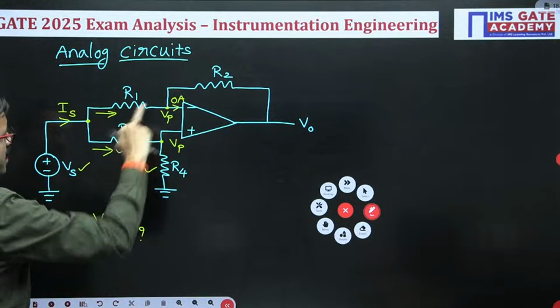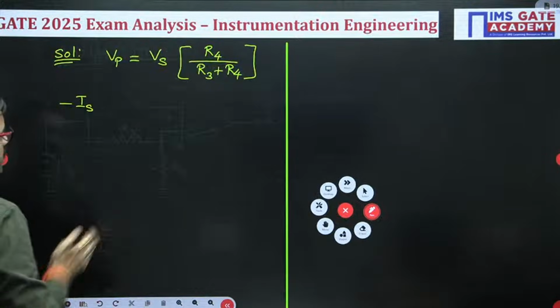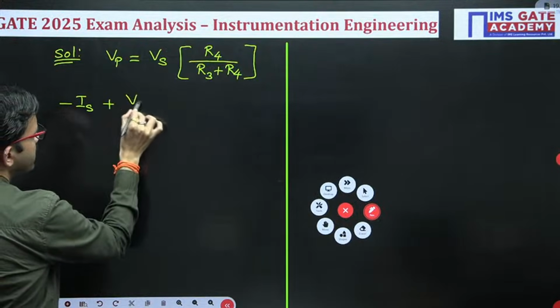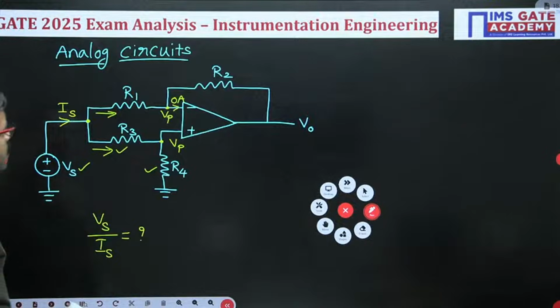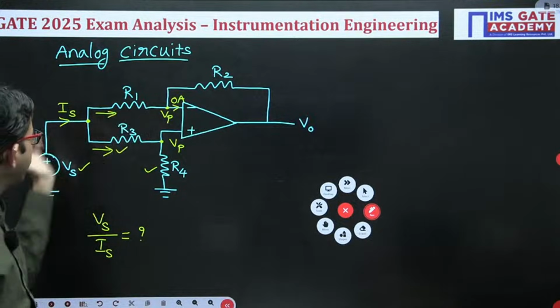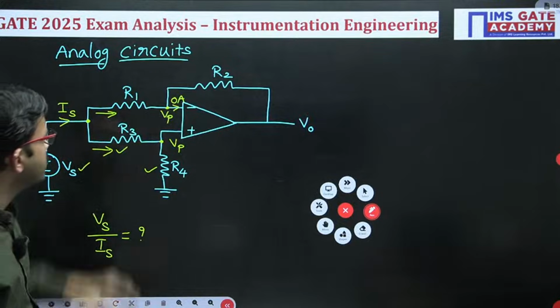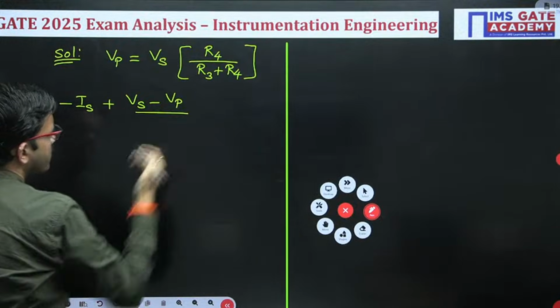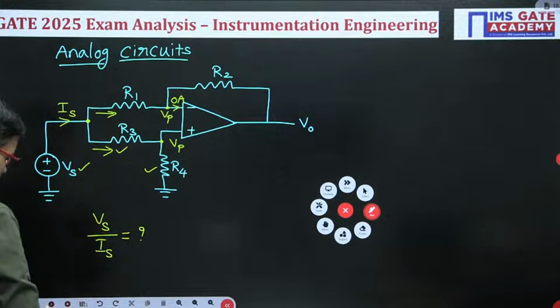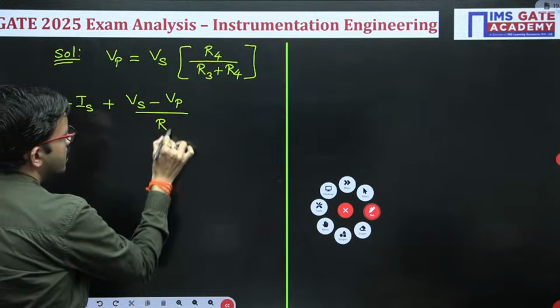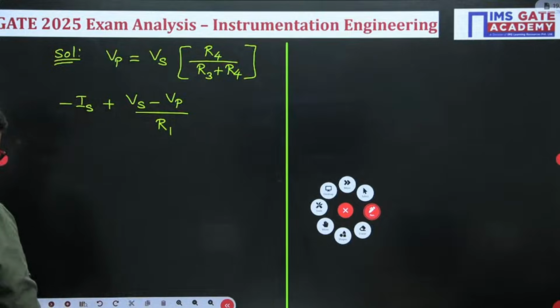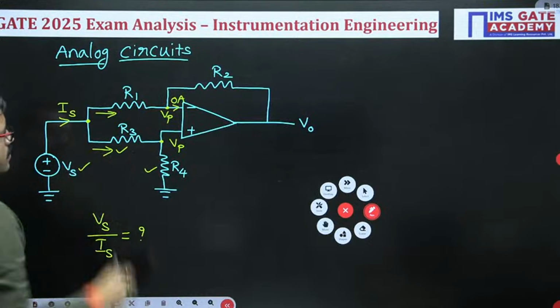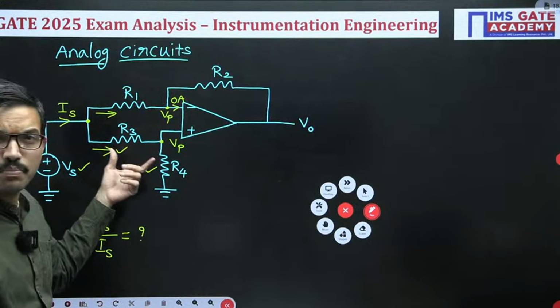Now minus Is. In this particular branch, the current flowing is Vs minus Vp divided by R1. With respect to R1, this side you have the voltage Vs, this side you have the voltage Vp. Similarly you can find the current flowing in this particular branch R3.